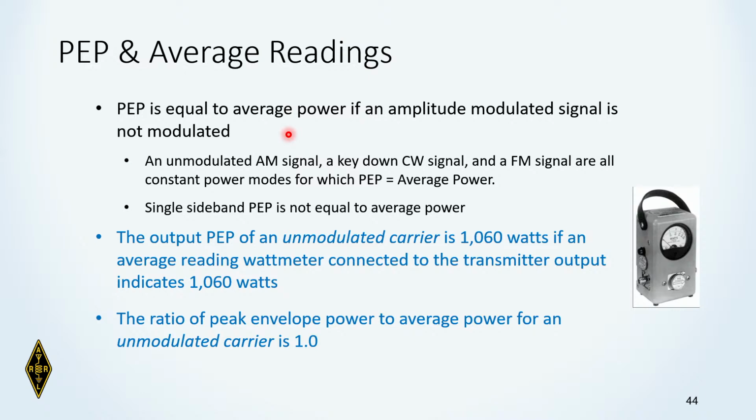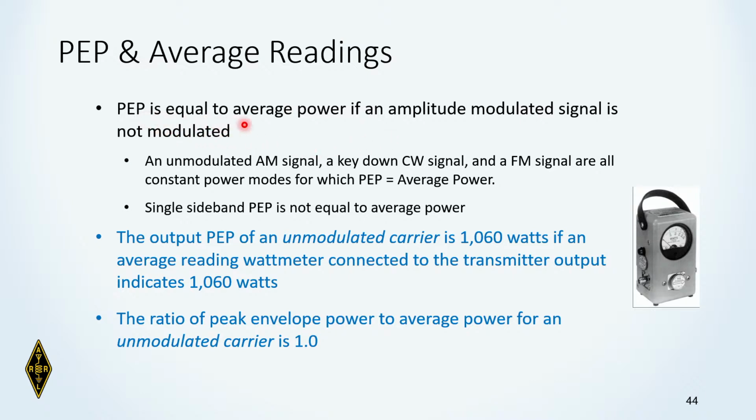Okay, now this might seem a little confusing, but if we think about it in the diagram I showed you, PEP, peak envelope power, is equal to average power if the amplitude modulated signal is not modulated. So an AM signal, you may remember, is a carrier and two sidebands. So if you just key your AM transmitter, it's putting out the carrier. So it's a little bit like CW with the key down.